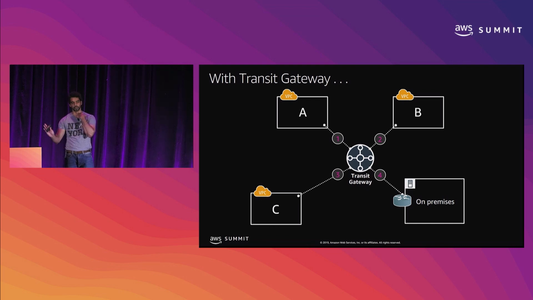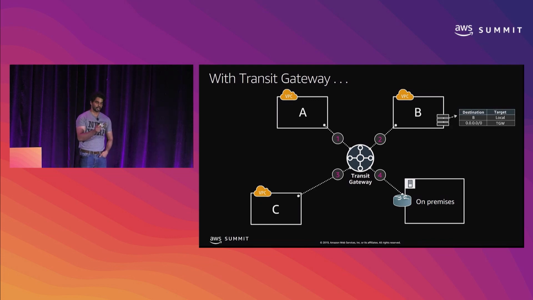And we'll jump a little bit deeper into that in the later slides. In your VPC subnet route table, you'll add a static entry saying, my next hop is Transit Gateway. So you basically send all the traffic to Transit Gateway, and Transit Gateway will route the traffic based on the destination.